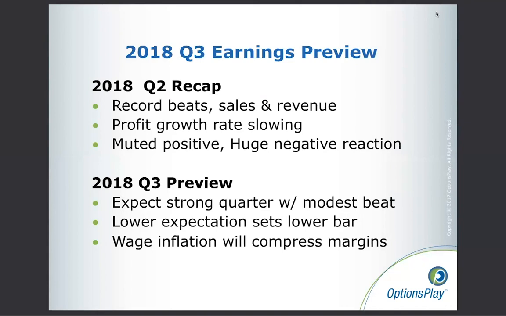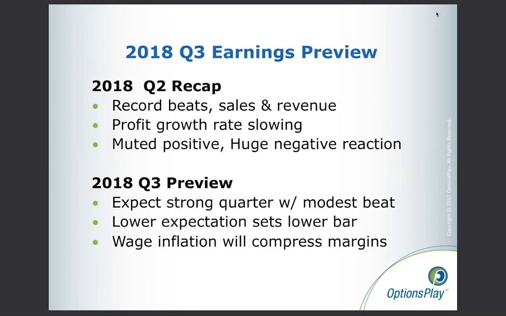And the key theme that we really want to focus on in Q3 is understanding how wage inflation has compressed margins for Q3 earnings. Last week we saw some pretty big news that Amazon was moving all of their hourly employees to $15 an hour. This is a trend that we're seeing across the industry as the unemployment rate is quite low while the economy is still quite strong.